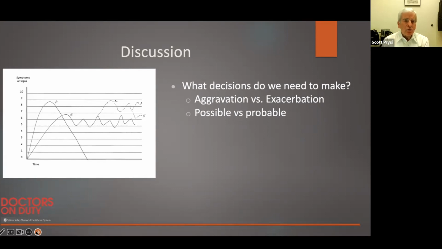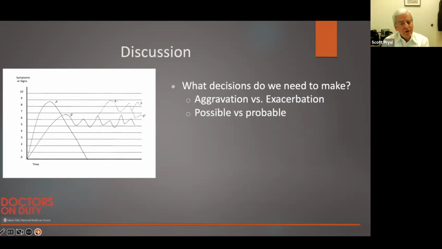The B graph represents the pre-existing problem. So the patient has whatever injury, symptoms rise to just under 7, and then become permanent and stationary, and the symptoms wax and wane. The pain's more one day or one hour or one week, and then less the next, and it goes back and forth. And then the C graph represents the aggravation that occurs, and perhaps that's what happened here.